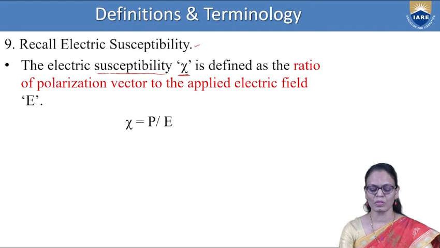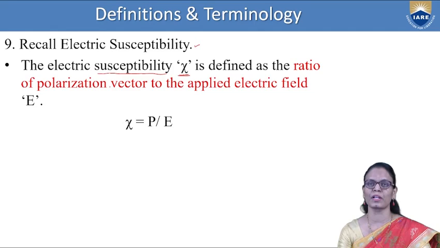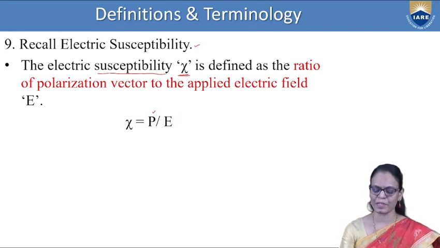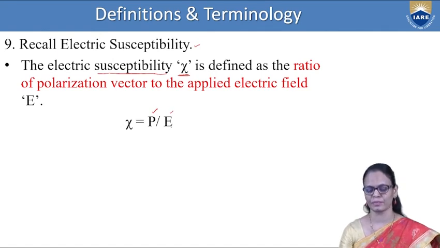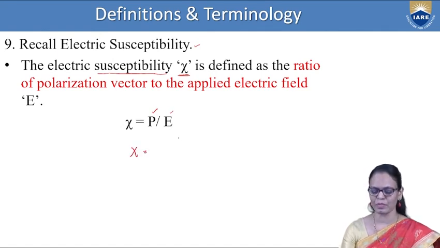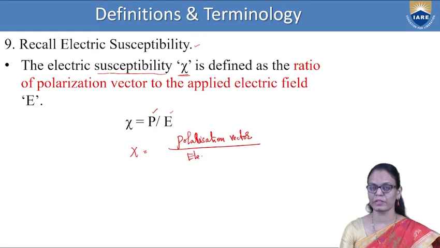So chi is equal to P upon E, where P represents the polarization vector and E represents the applied electric field.